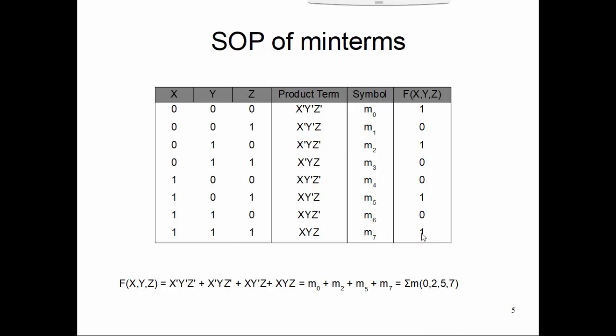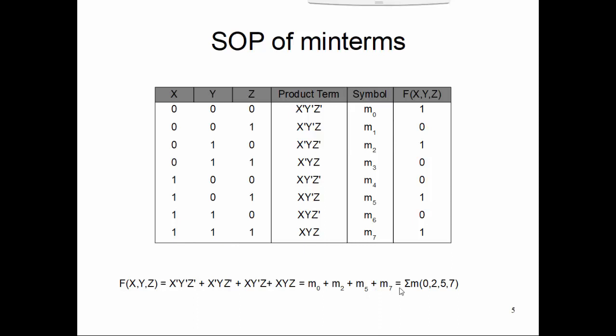That's why I picked up the product terms corresponding to the rows which have a function value of 1, and OR between them. That is one Boolean expression. Now we can represent it in terms of symbols, because each unique product term has a unique symbol. So I write this same function as m0 or m2 or m5 or m7.